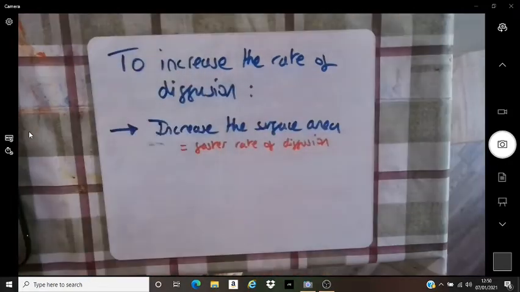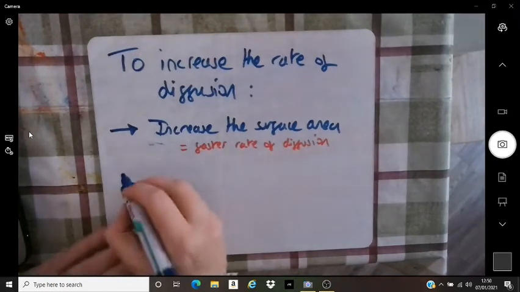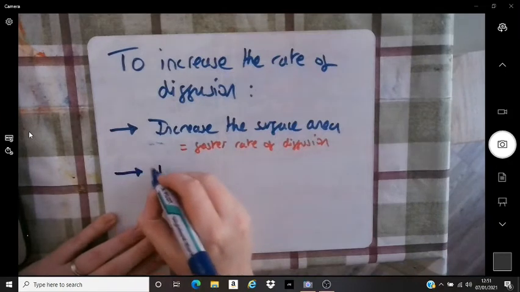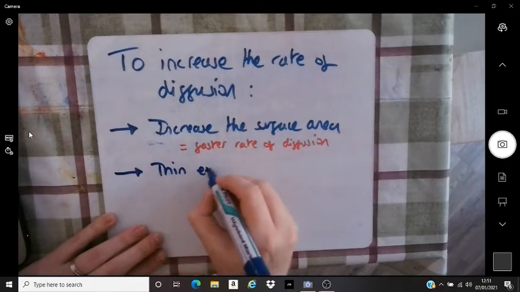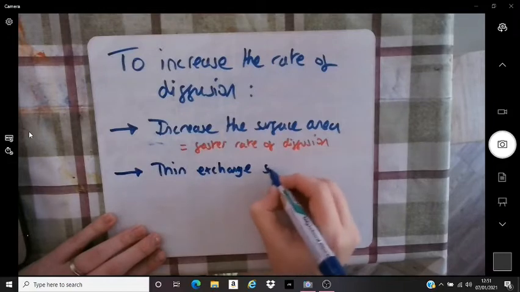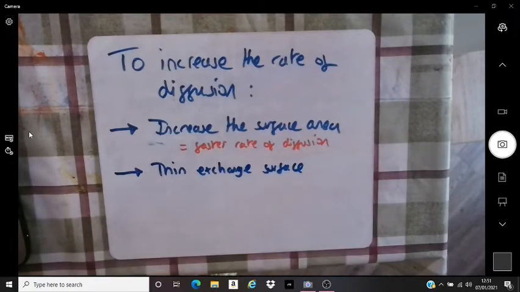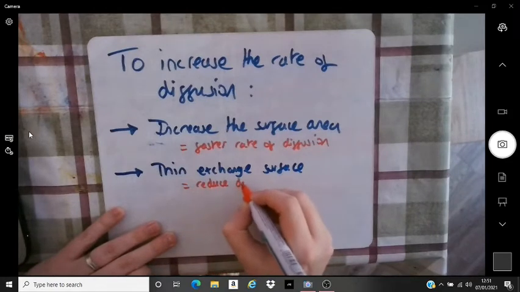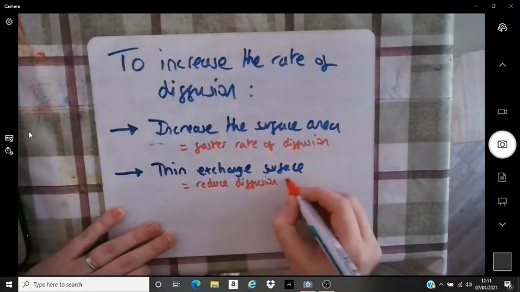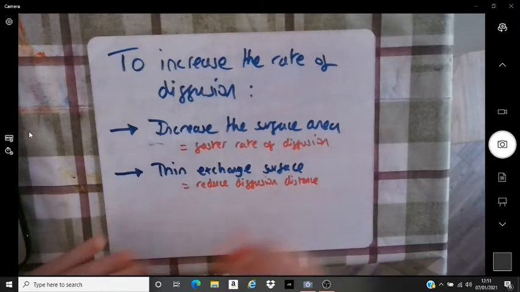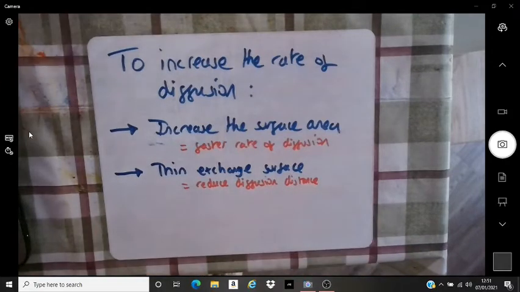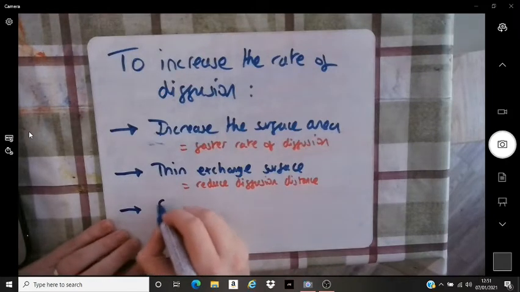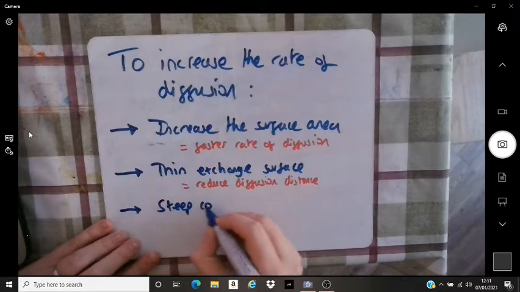I also want any sort of barrier between the cells, which is usually the membrane, to be really thin. I want a really thin exchange surface to reduce the diffusion distance. You know, the less it has to travel, the quicker it's going to take, isn't it? I want a steep concentration gradient.